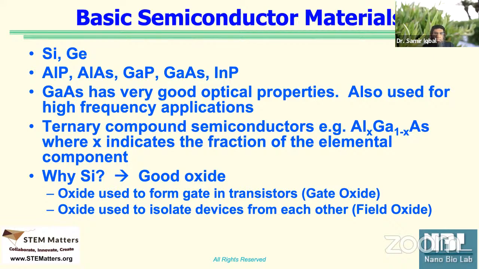And 1 minus x just means that the total would be equal to the total amount of arsenic there. This makes sense? We'll talk on this later when we talk about compound semiconductors. But that subscript x will tell us how much aluminum is there, how much gallium is there. But the total amount would always be equal to the total amount from the other group.